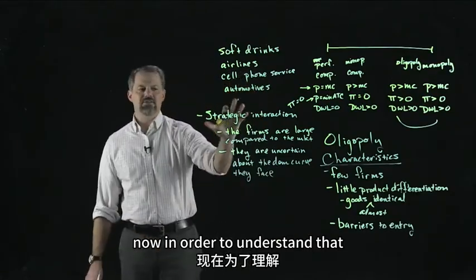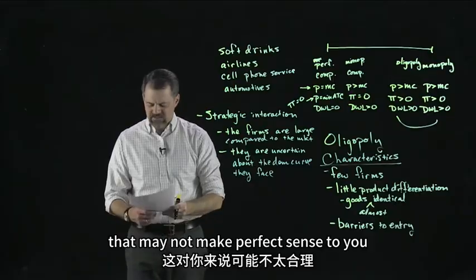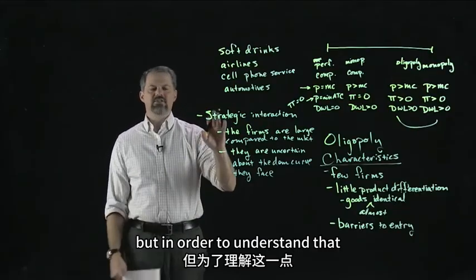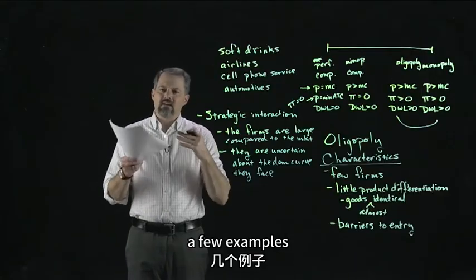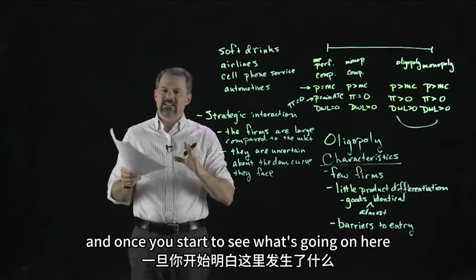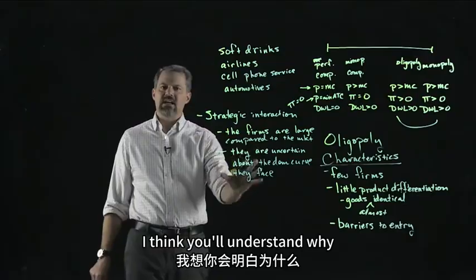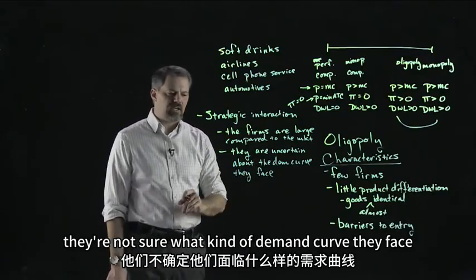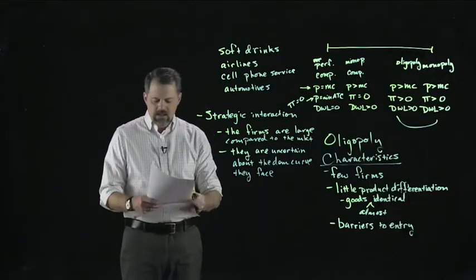Now, that may not make perfect sense to you, but in order to understand it, we need to go through a few examples. And once you start to see what's going on here, I think you'll understand why they're not sure what kind of demand curve they face.